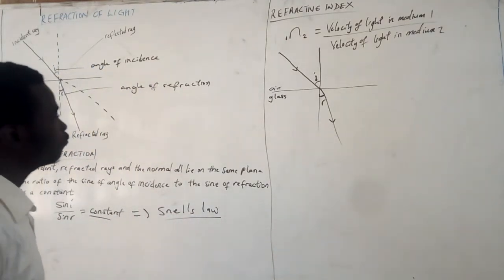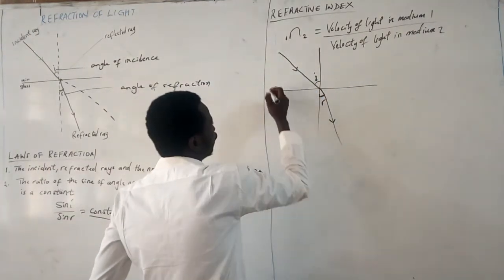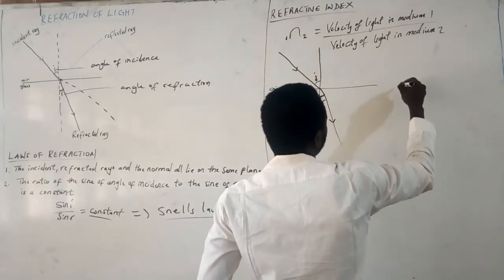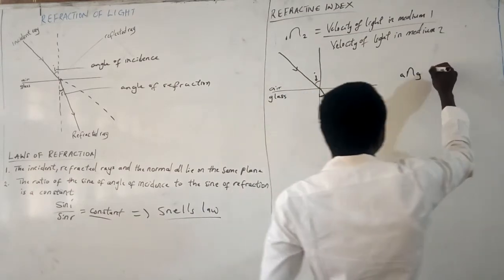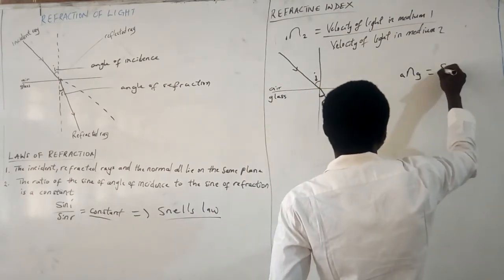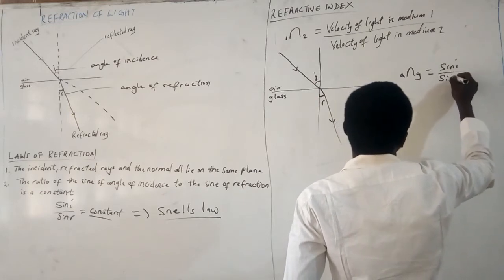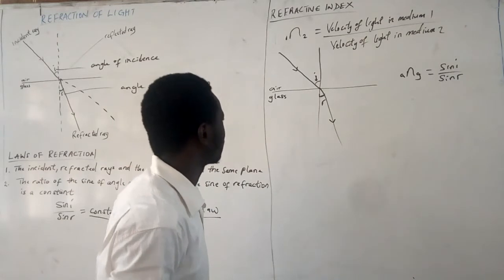So if we are traveling from air to glass, the refractive index from air to glass is equal to sine I all over sine R.